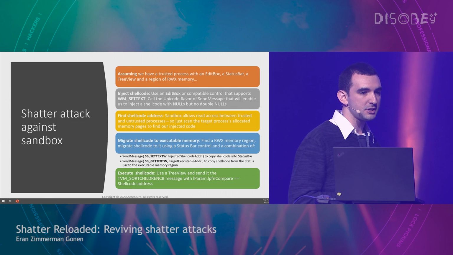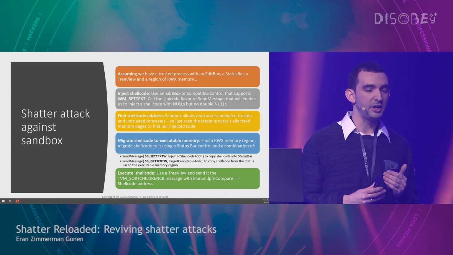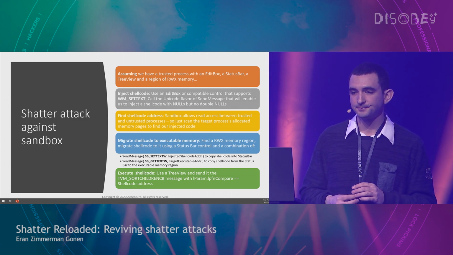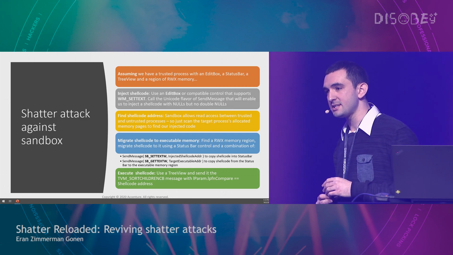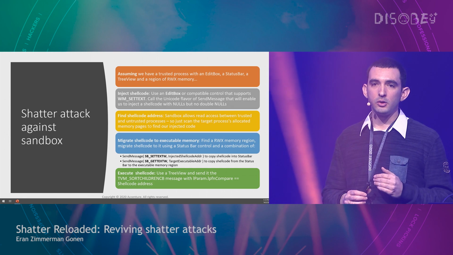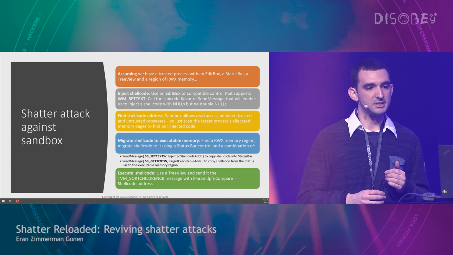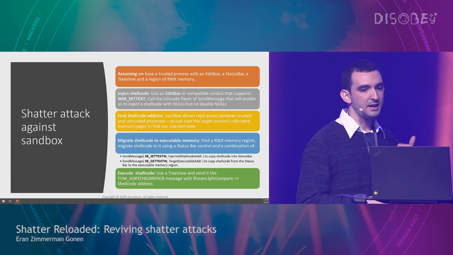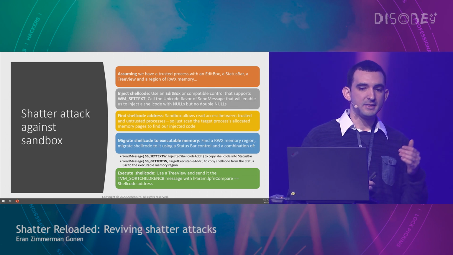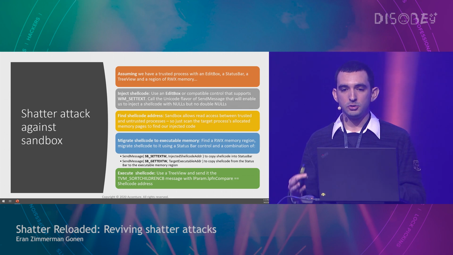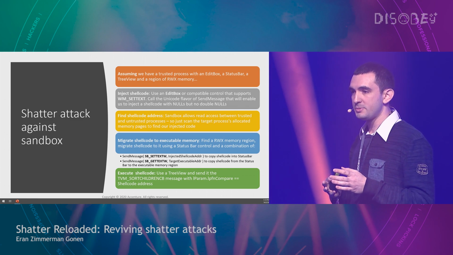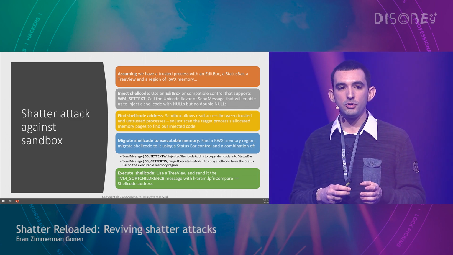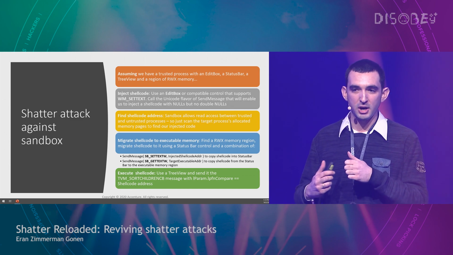So what we do is, first of all, we find this RWX memory that we assume that we have. Then we use the status bar that, again, we assume that this process has in order to do the following. We send it two Windows messages. The first is a set text message. And the set text message, to differentiate from the edit box's set text message, assumes that the pointer it gets points to a memory range in the source process.